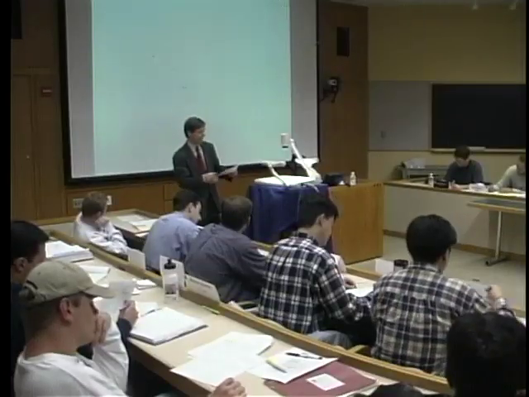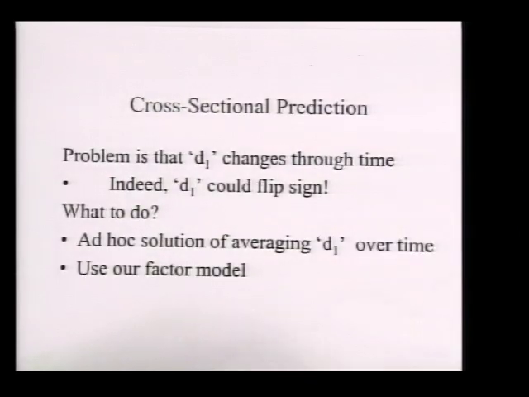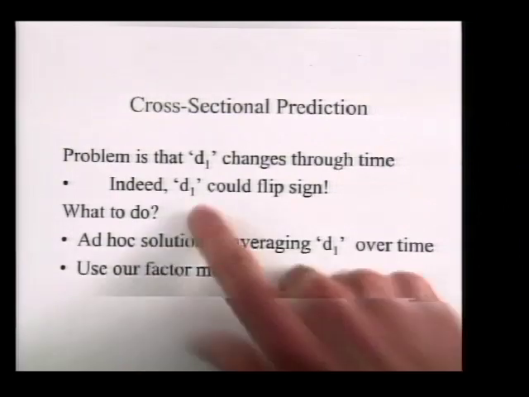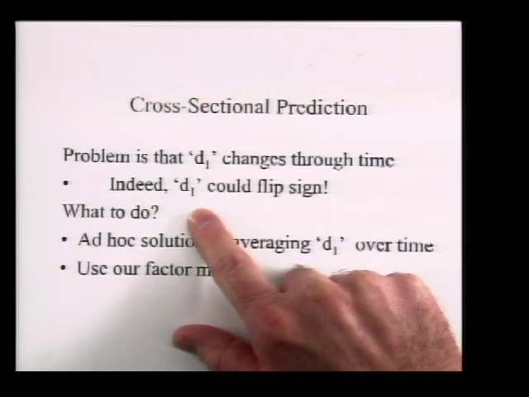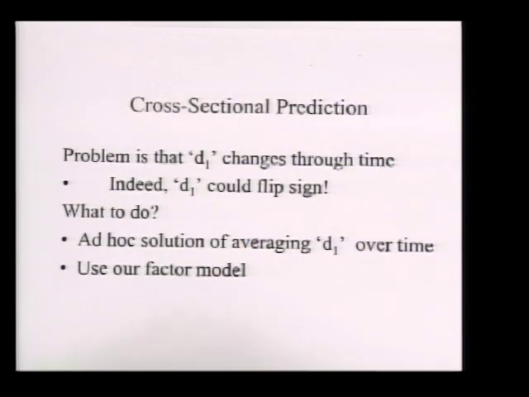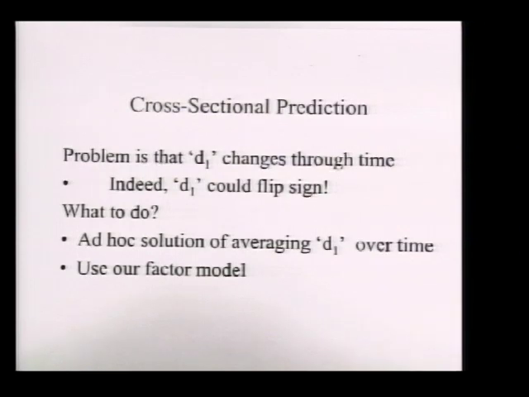Now, when you actually implement this, as I said last lecture, the problem is that the D1 could flip sign, could be very unstable through time. If it flips sign, it means that potentially your buy list should be your sell list and your sell list should be your buy list, and that's bad. One ad hoc solution is to average the D1 through time. So you're doing this every single month.